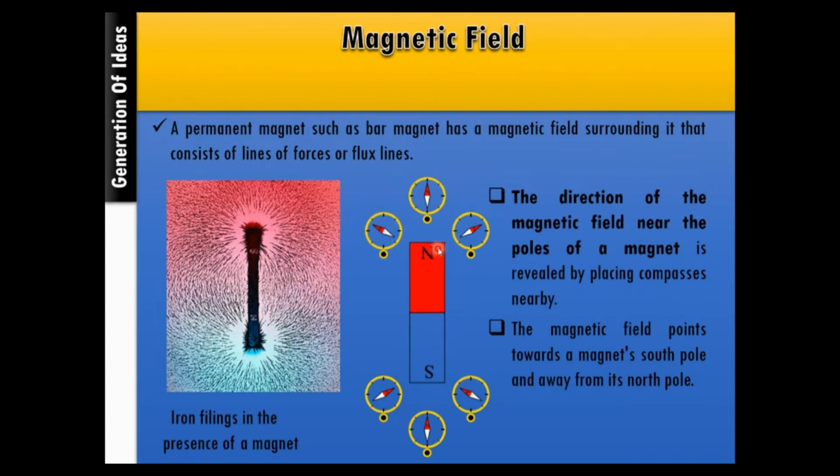The magnetic field originates from the north pole and terminates at the south pole. That's why you see this one going out and this one going in. So the directions of this compass can help you to determine which one is the north pole and which one is the south pole.